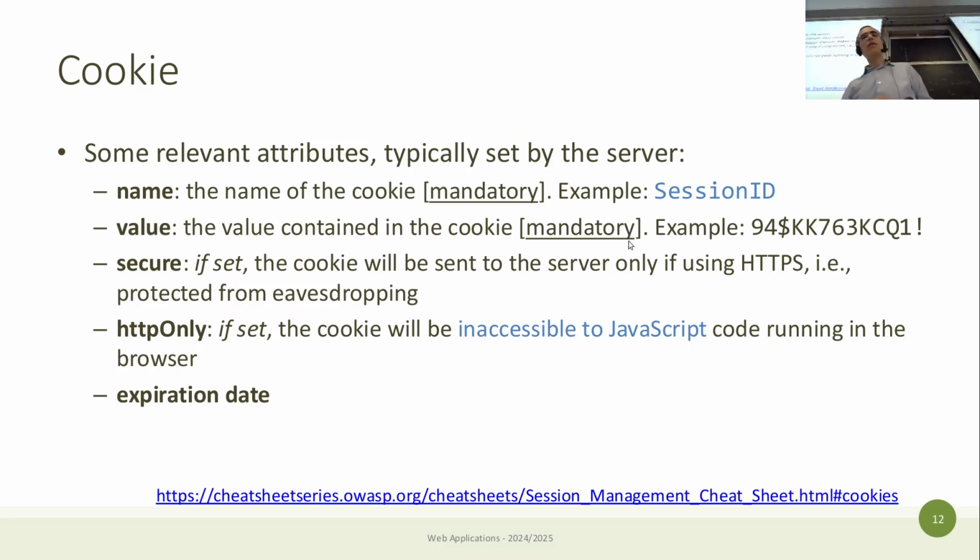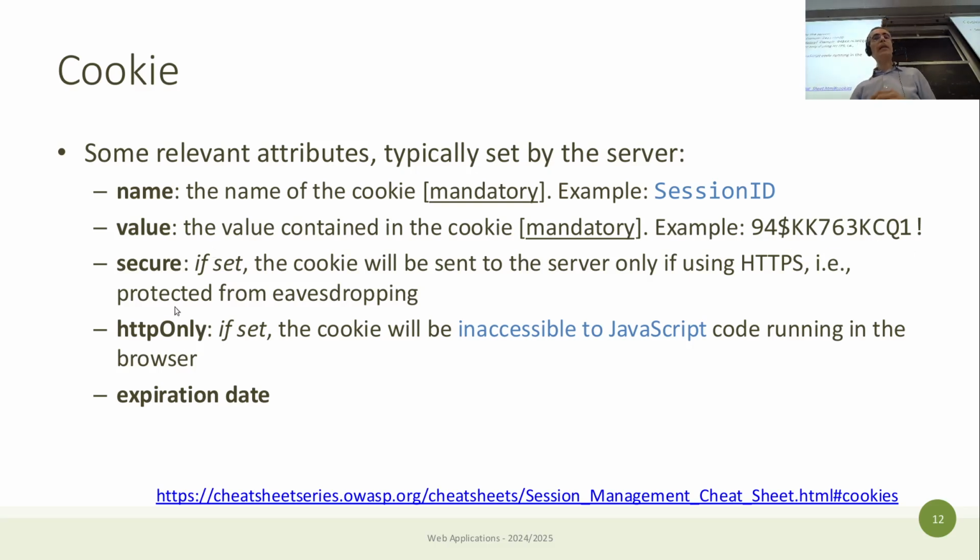The name could be session ID, PHP session, whatever you want. It doesn't have to be unique for all the websites in the world, just for your website, because you can create more than one cookie. That's why you need to give a name to each one of the cookies you create. And then, of course, a value.